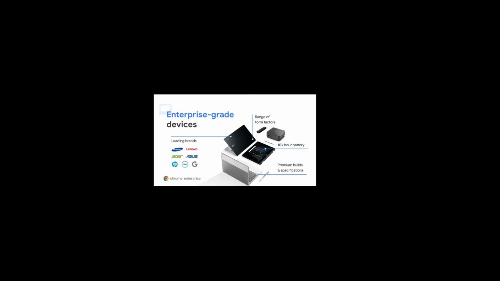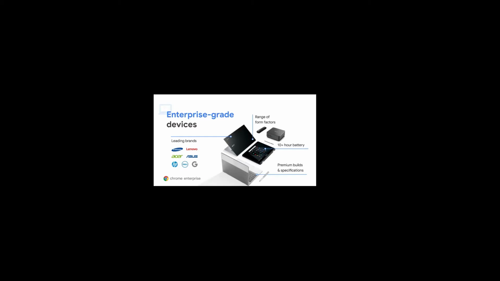So Chrome OS devices really come in a lot of different form factors with all kinds of brands, meaning that you can find the right machine for the use case that you need. So, for example, we have clamshells and convertible 2-in-1s that have styluses, detachable laptops, Chromeboxes, and Chromebases to really power desktop workstations. And they're built with premium builds and premium specs.